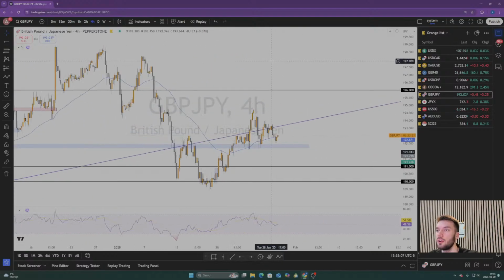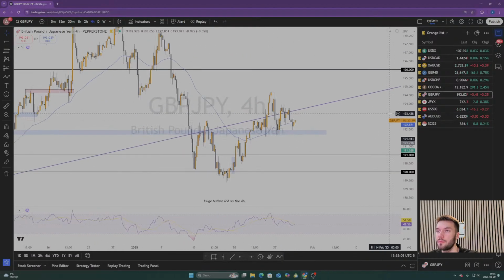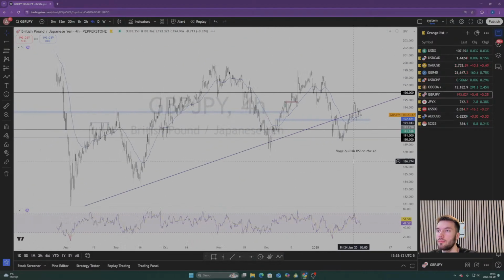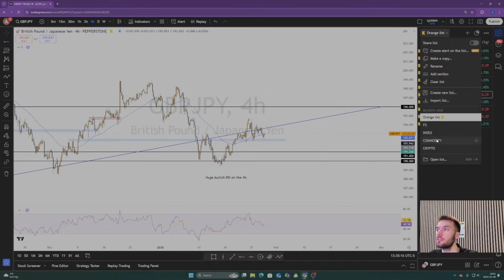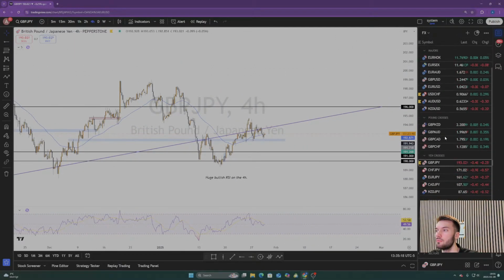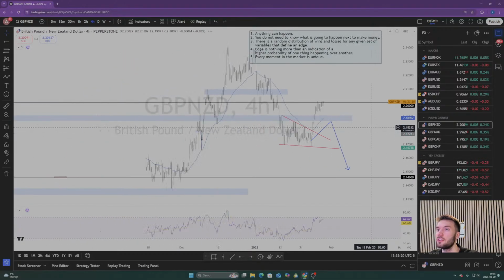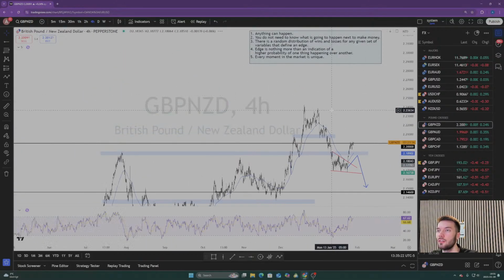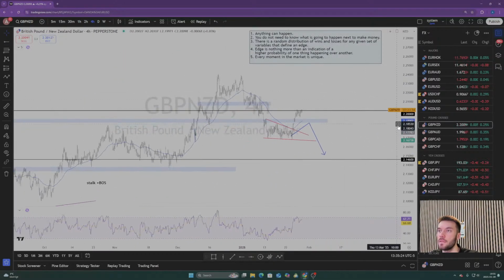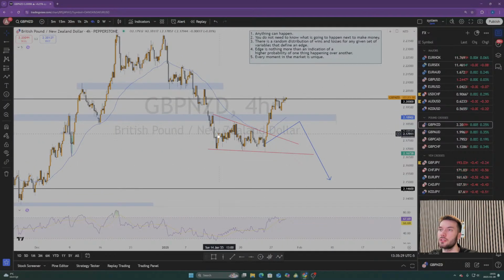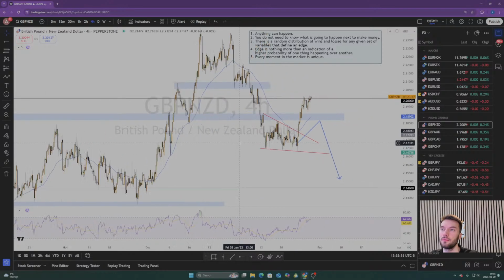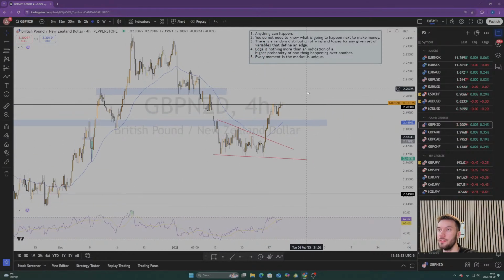GBP JPY. GJ. Did we see some strength on the British pound? Yes, we are seeing strength. That's very bullish. Look at this. I thought it was going to reject this level. Did not do that. That's fine.